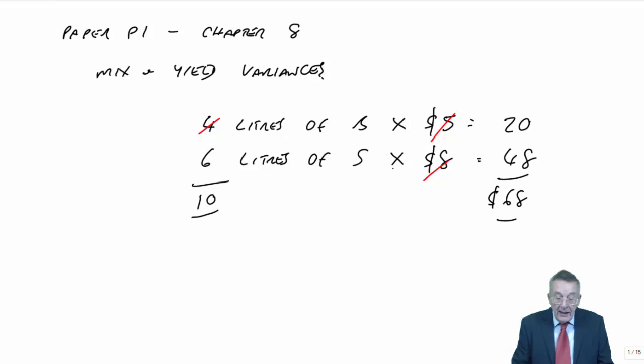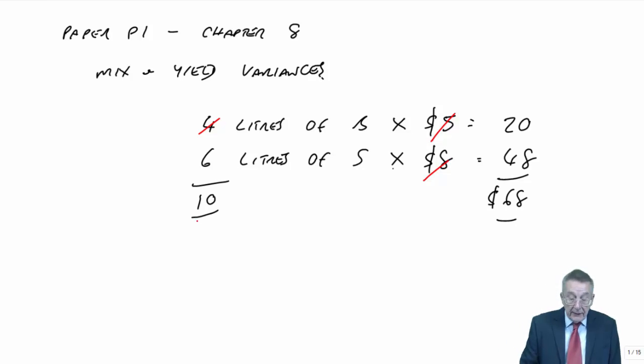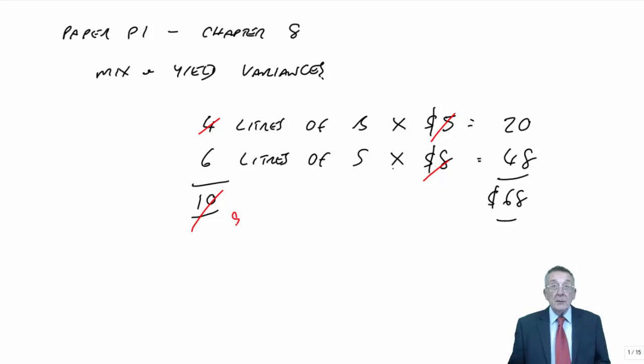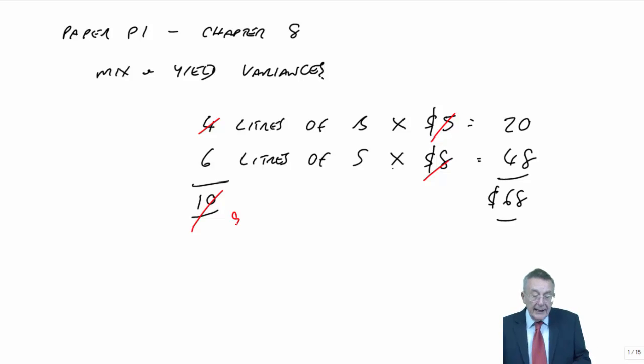Maybe what actually happens is instead of 10 litres coming out, maybe only 9 come out. And of course, if we lose any, if we waste any, then again, we've lost money, there's a variance. And as you'll see, we call that the yield variance. So that's the sort of thing we're looking at.